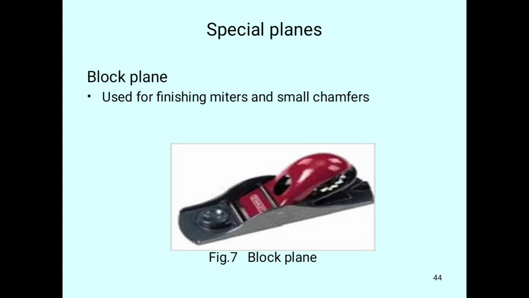The purpose of this block plane is that it is used for finishing miters and small chamfers. Whatever chamfers and miters are there on the workpiece, those finishing operations are performed by the block plane.